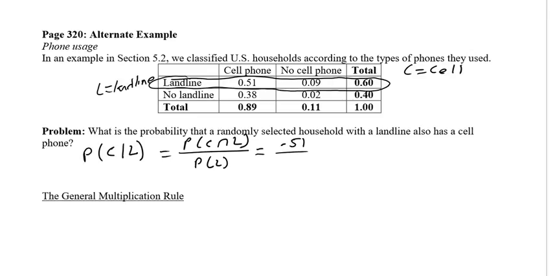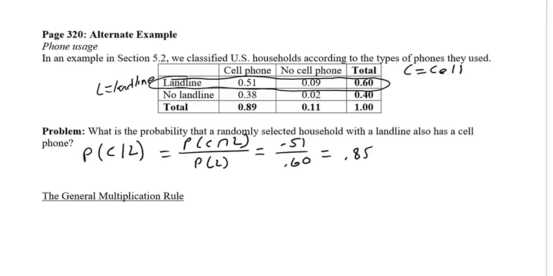So 0.51 divided by 0.60 is 0.85. So there's an 85% chance that a randomly selected household with a landline also has a cell phone.